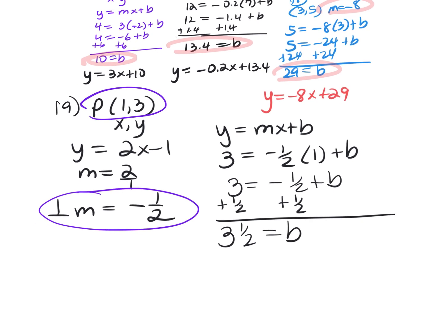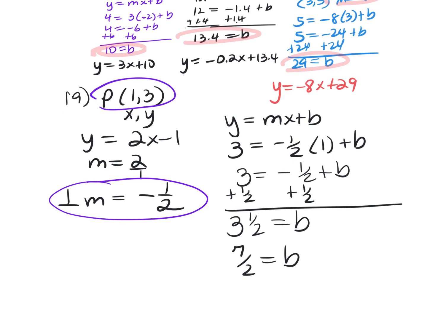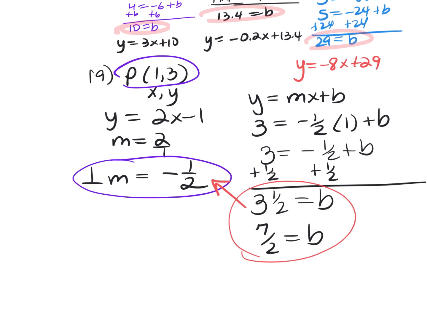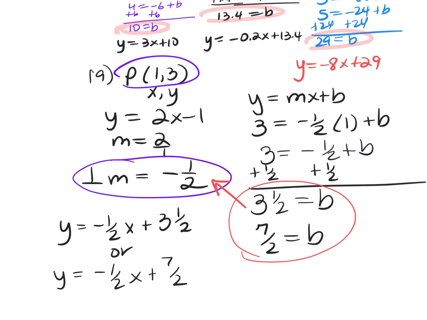Now you could also write your b as an improper fraction, so be able to recognize both. Now I'm going to take my newly found b, either form, along with the perpendicular slope, and plug it into y equals mx plus b. So y equals negative 1/2 x, and then you can either put it in as plus 3.5, or recognize that it could also be negative 1/2 x plus 7 over 2.